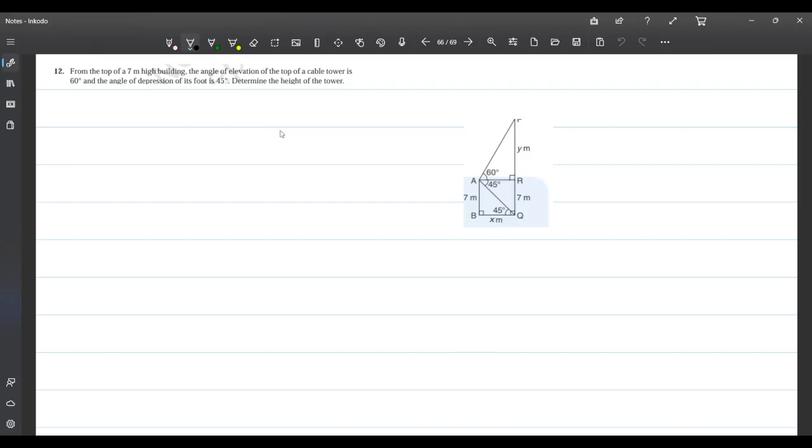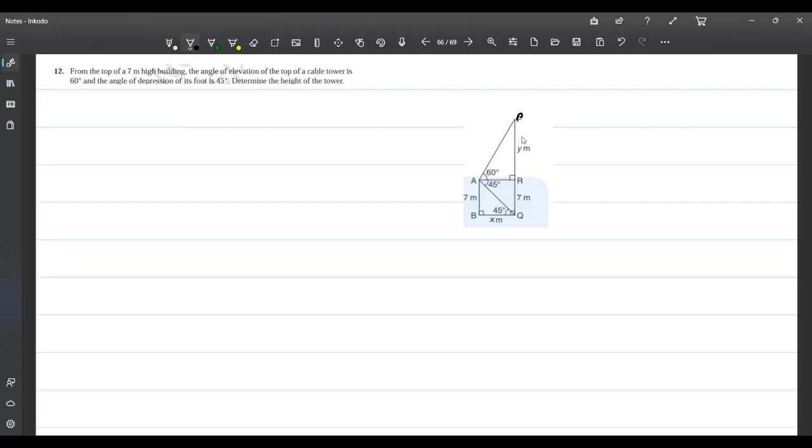From the top of a 7-meter high building, suppose that AB is the building, the angle of elevation of a cable tower is 60 degrees, and the angle of depression of its foot is 45 degrees.